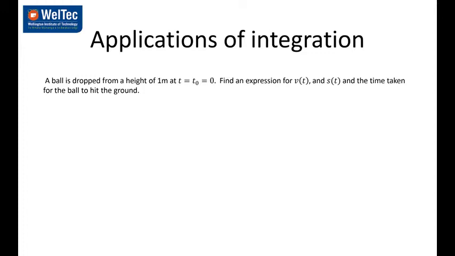We also know that velocity is the integral of acceleration. And we know what acceleration is: negative 9.81 meters per second squared, so our velocity is going to be the integral of that.